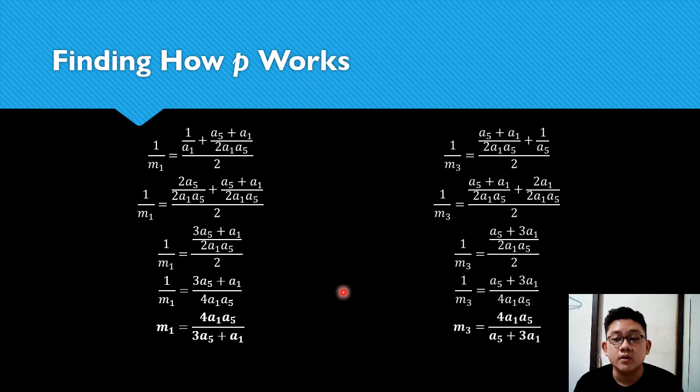You can pause the video here if you want to see how the process actually works. But the important thing is we get m sub 1 is equal to 4a sub 1 a sub 5 all over 3a sub 5 plus a sub 1. And m sub 3 would be equal to 4a sub 1 a sub 5 all over a sub 5 plus 3a sub 1.